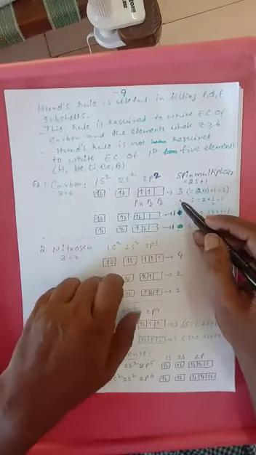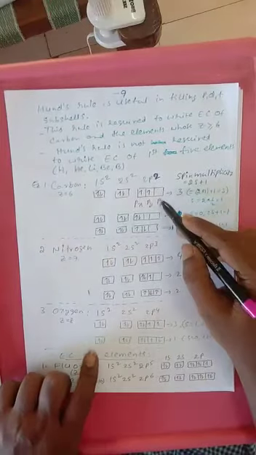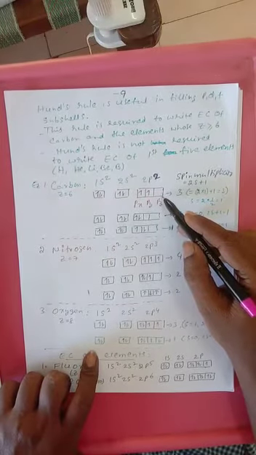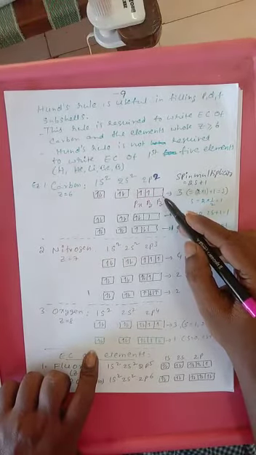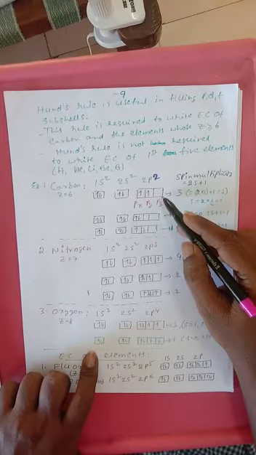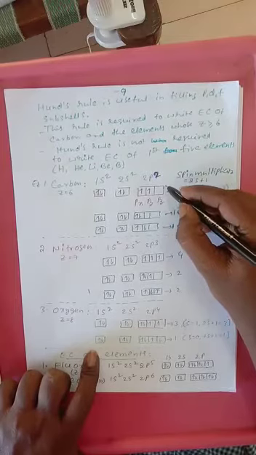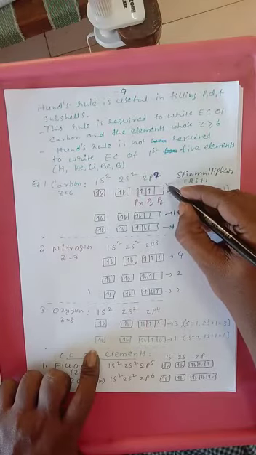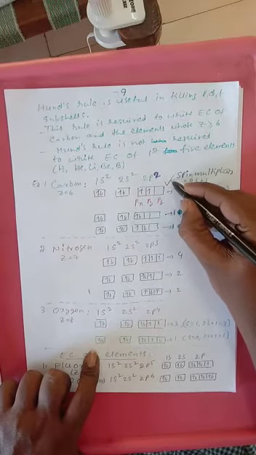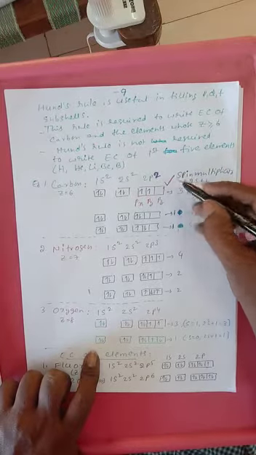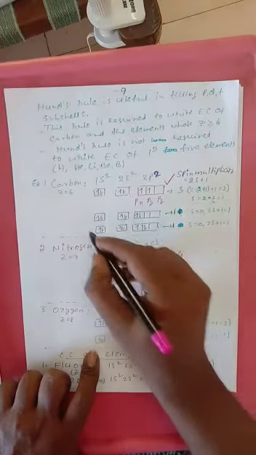So we see maximum spin multiplicity for this configuration. Maximum spin multiplicity means less repulsion and more stable. So this configuration is more stable. Carbon will have the configuration like this according to Hund's rule, so these are wrong.